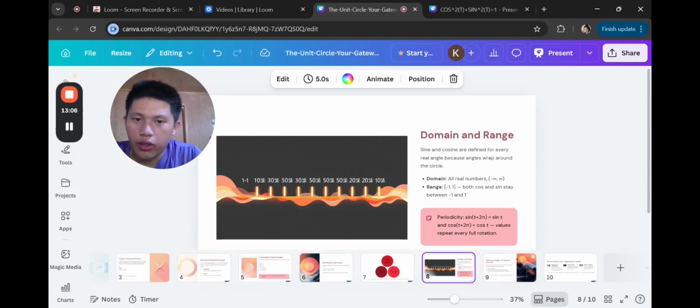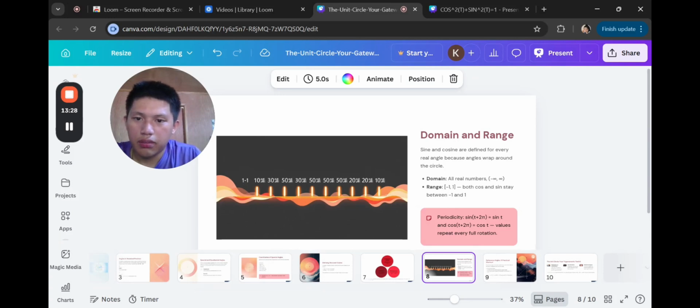The output is the coordinates on the unit circle. Since the circle has a radius of 1, x or cosine and y or sine can never go above 1 or below negative 1.